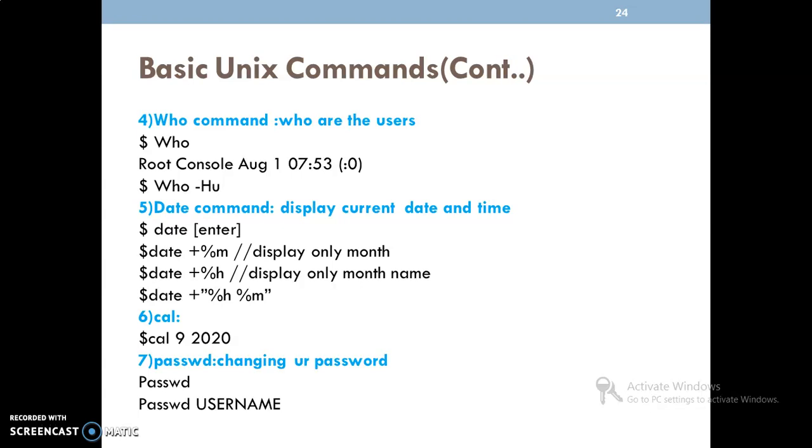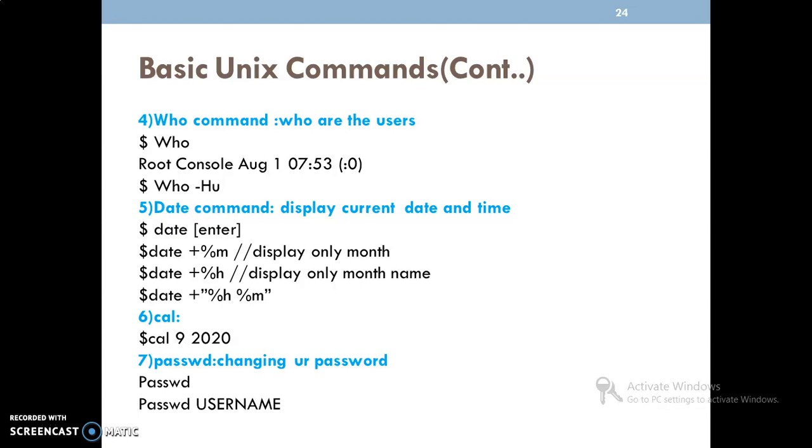One more important thing we need to understand is that if I am getting a 0 at the end, that means it is a super user. If I am getting something other than 0, then it is a normal user logged into the system. Next, who with option HU, so we can add the headers.